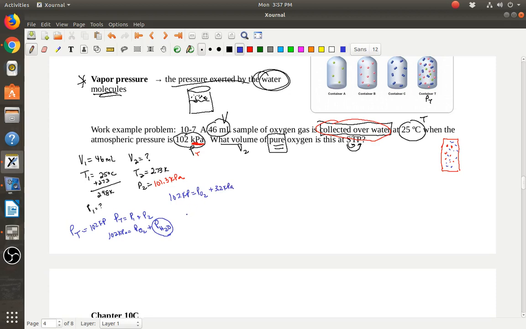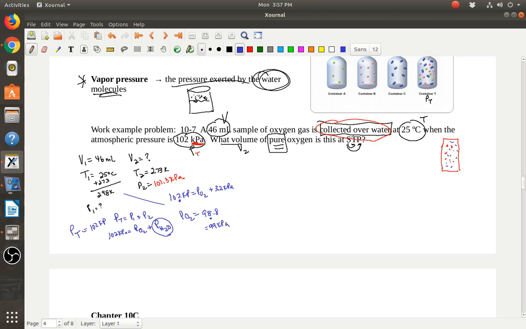So I just got to subtract it out so that the pressure of the oxygen is equal to 102 minus 3.2. So it's 98.8. Write this in, 98.8. But I need two significant figures because this only goes down to the ones place. So I've got to end right there. So 99 kilopascals.